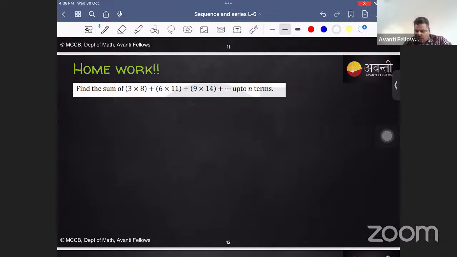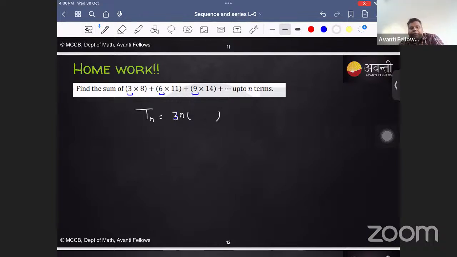Now, first of all, we have to find the nth term, Tn. Now, how do I get the nth term? See the first factor of every term: 3, 6, 9. So the first factor is a multiple of 3, so it will be 3n, multiplied by something which is 5 more than this.